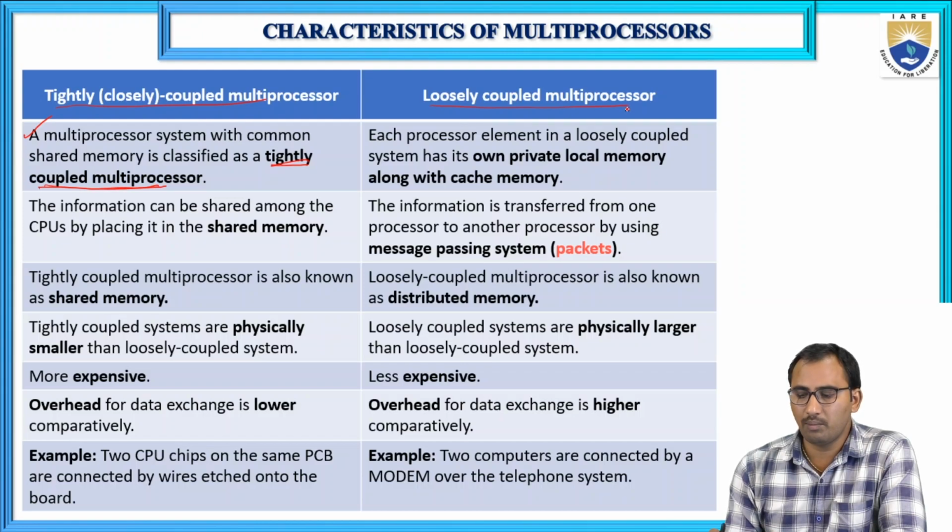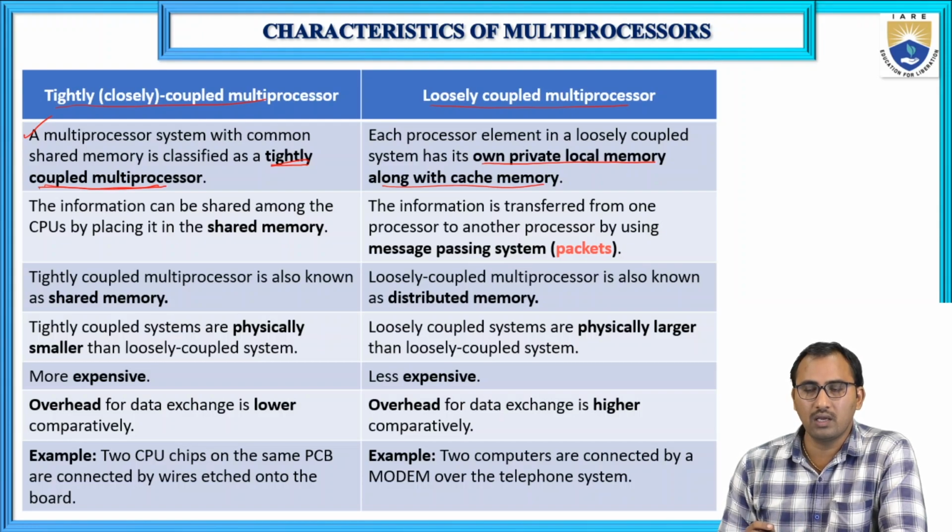Whereas in a loosely coupled multiprocessor, each processor element has its own local memory along with the cache memory. In a tightly coupled multiprocessor there is a shared memory, and that shared memory is shared by all the different CPUs available in the system.